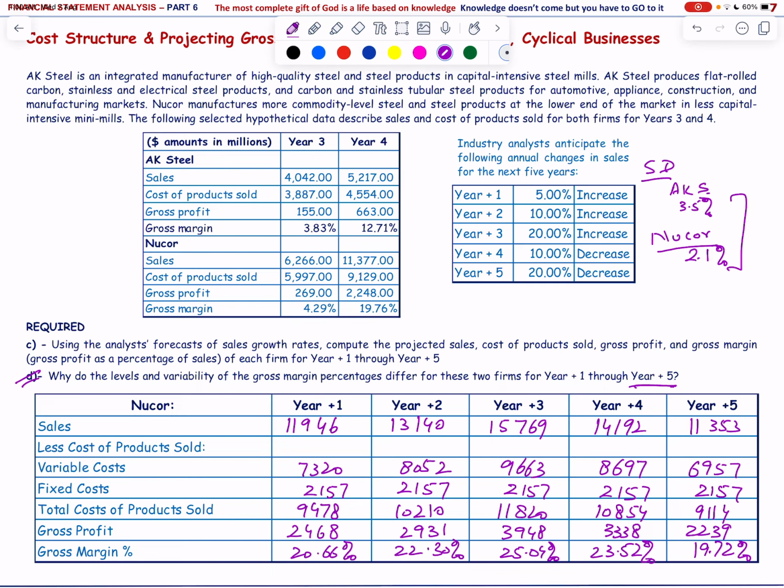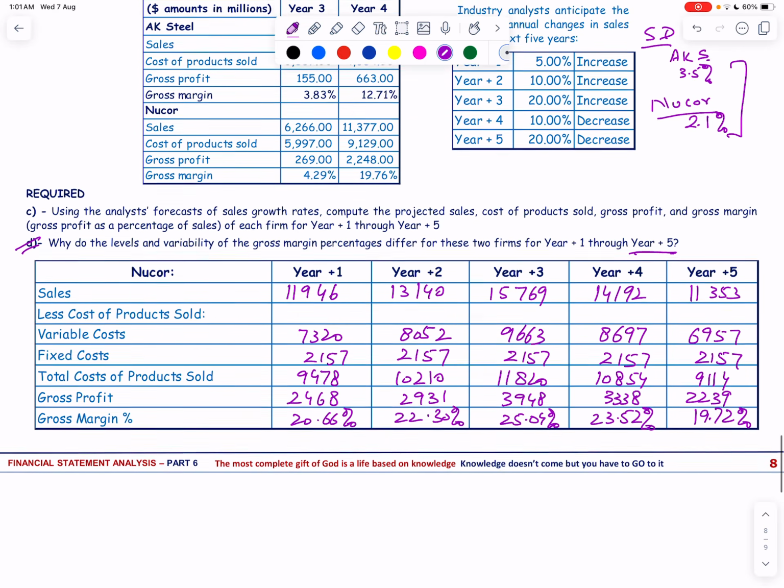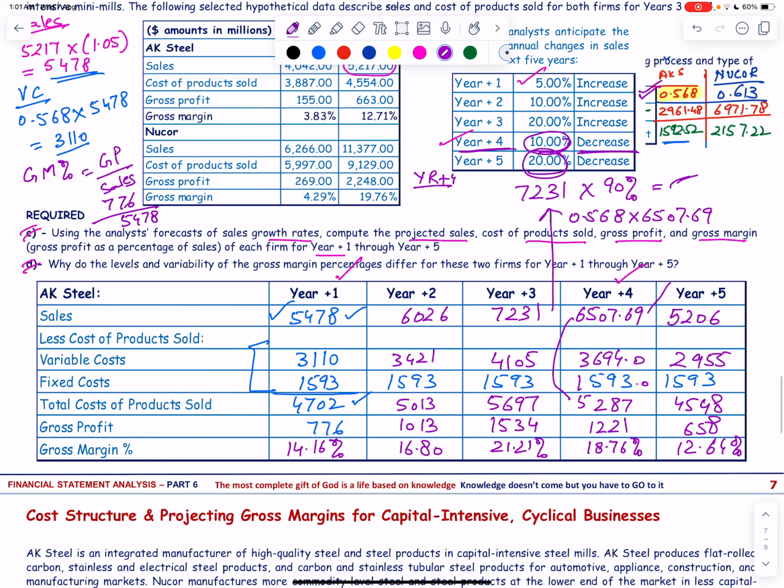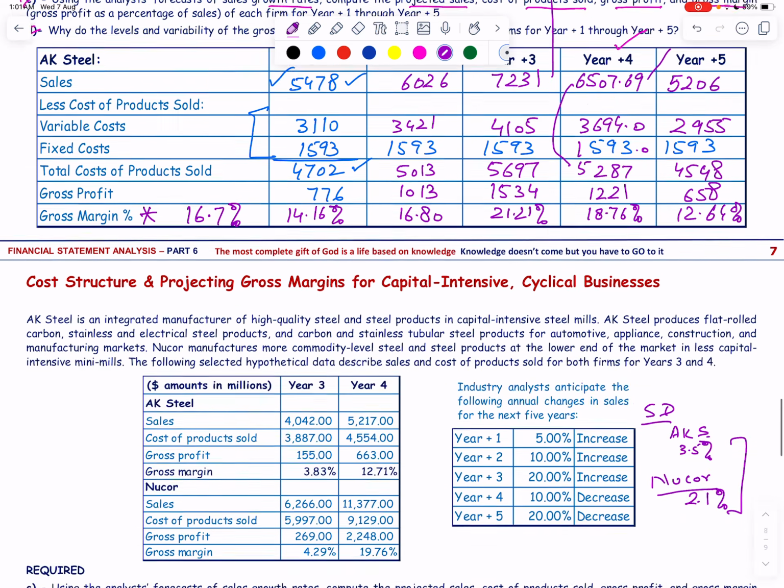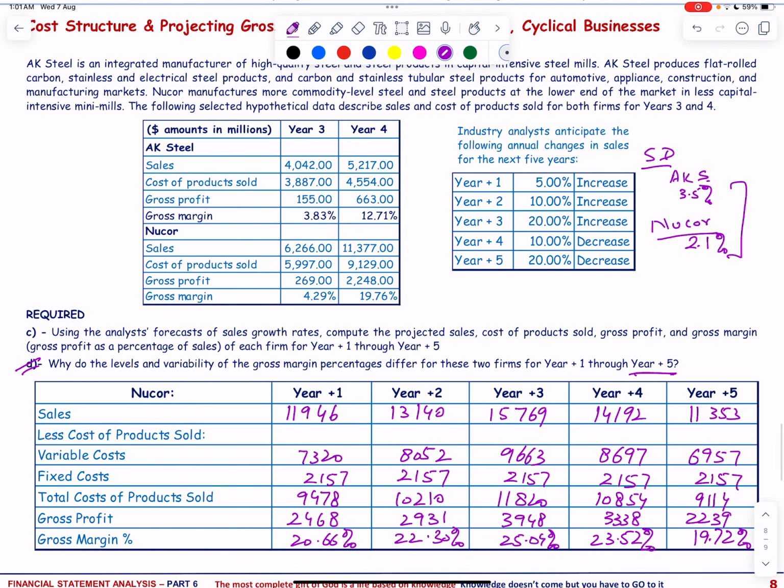Now for this, first of all, we need to know the average gross margin for AK Steel, and we will simply sum up these five values for gross margin percentage and divide by 5, and this will be 16.7%. And in the case of Nucor, the average gross profit margin will be 22.2%.